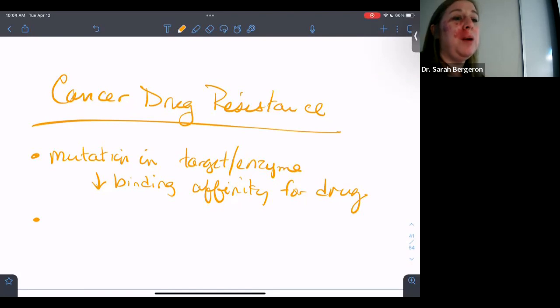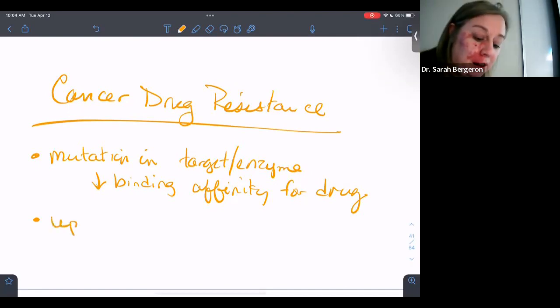We talked about this in Biochem 1 when we talked about transport, very briefly. So not just a channel protein, but an actual pump. There are pumps that are designed to pump out toxins from cells, right? This is a good thing. You don't want toxic things building up inside of your cell, right? But cancer cells look at anti-cancer drugs as things they need to get rid of.